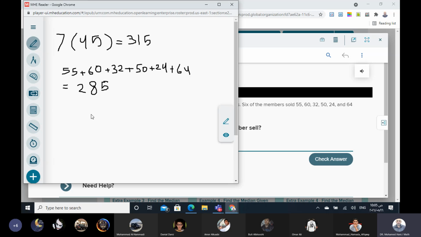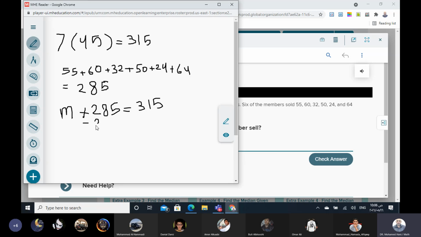Now we can write the equation. The missing value represented by M plus the sum of the remaining data, 285, equals 315. Then we can solve this equation. Subtract 285 from the two sides.